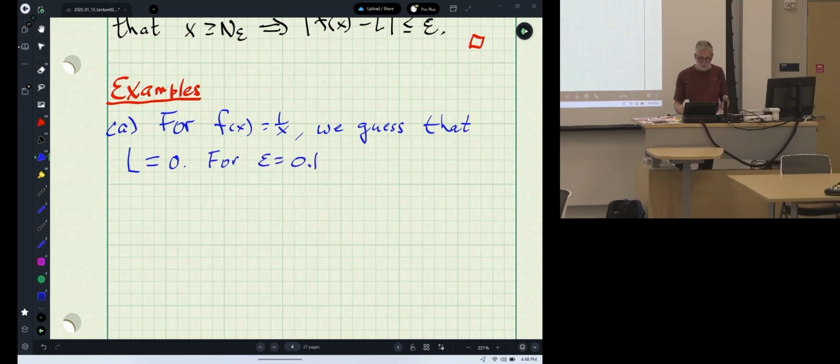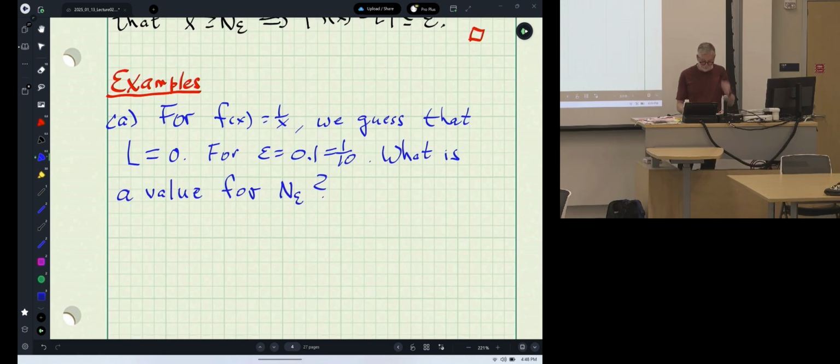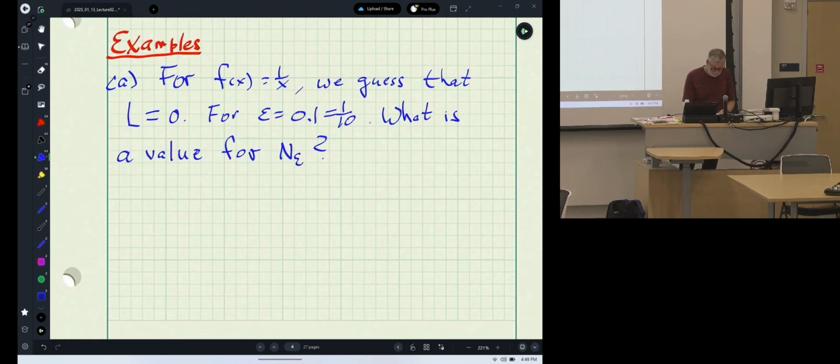we'll just make it concrete instead of an abstract number. What is the value for n sub epsilon? Okay, so to do that, we're after this bound.